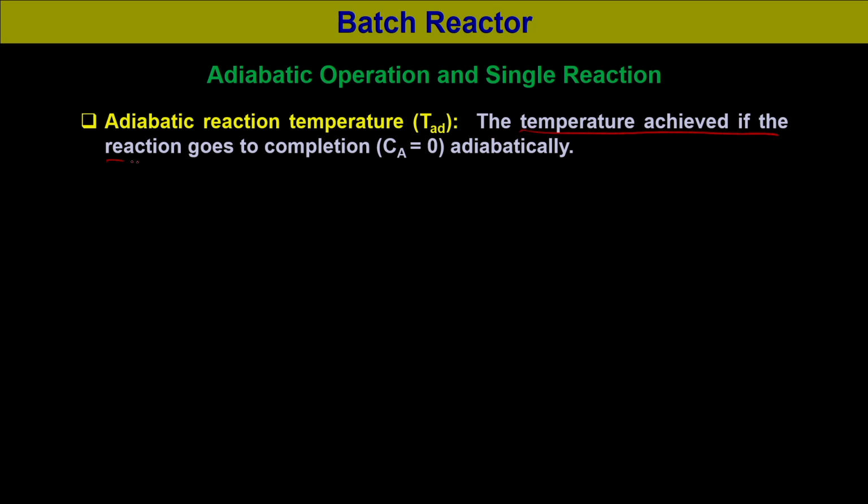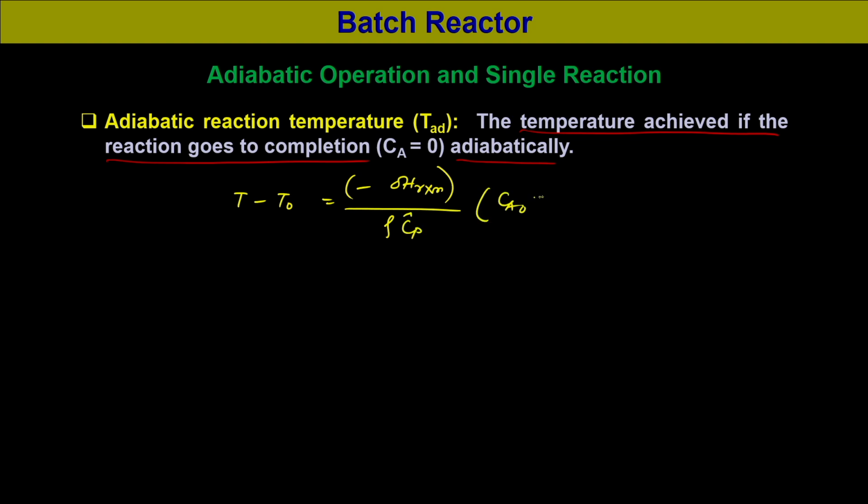So, we have T minus T naught is equal to minus delta H reaction divided by rho Cp into Ca naught minus Ca.